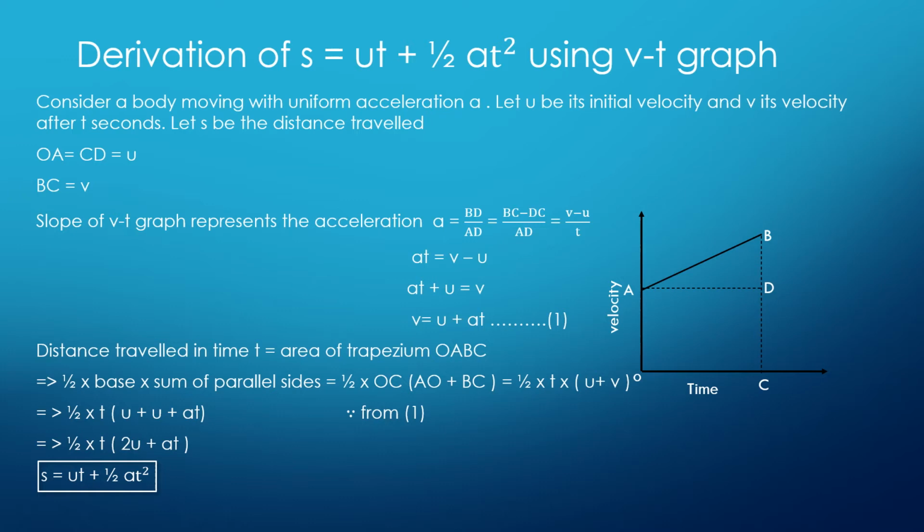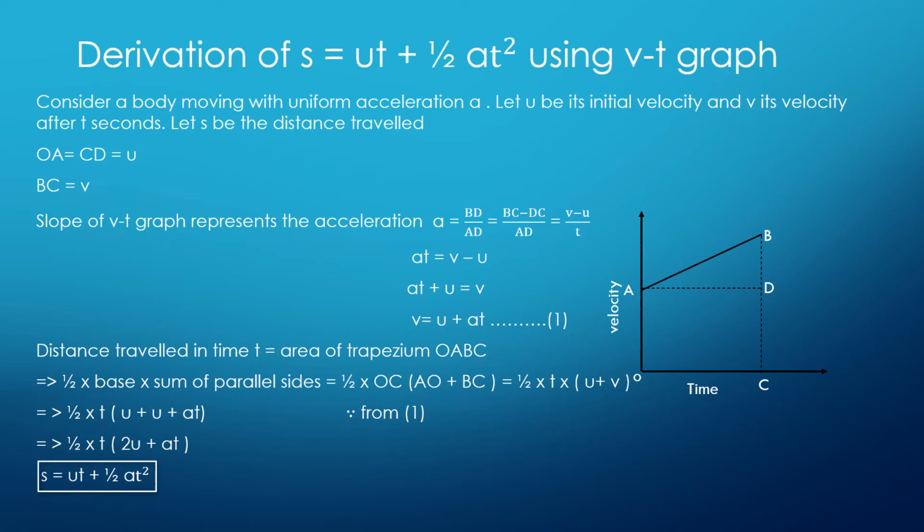AO plus BC, which is equal to, again, half into, what is OC? OC is the time t. In brackets, AO is the initial velocity plus BC is the final velocity, that is V. U plus V. Now, from equation 1, we substitute the value of V, which is U plus AT. What happens?